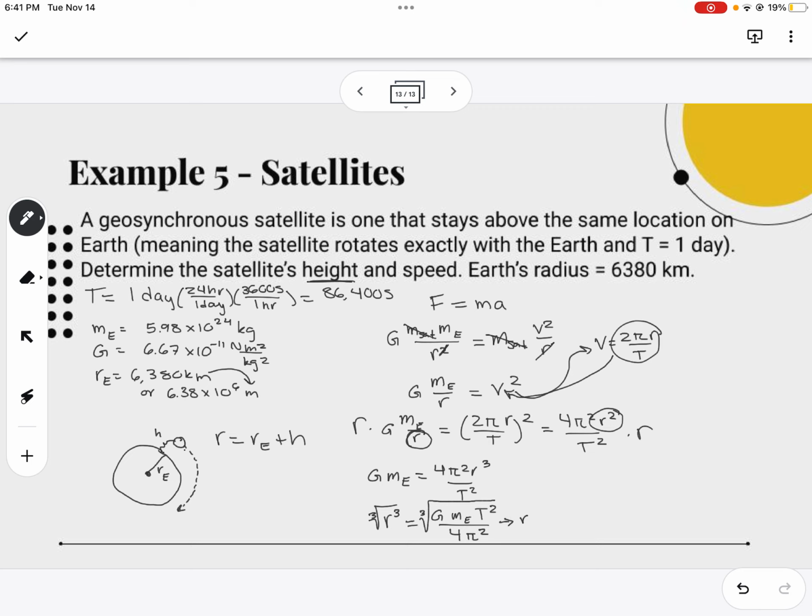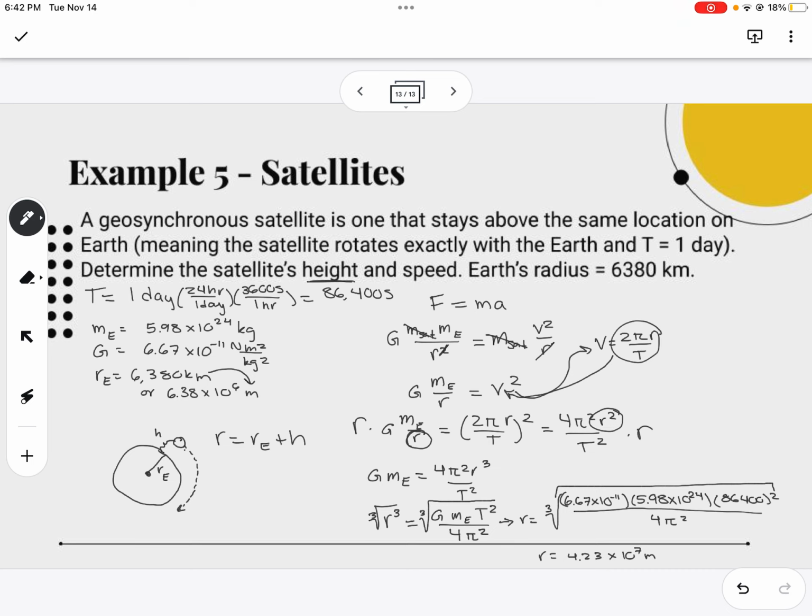So I'm going to get r equals the cube root of G, 6.67 times 10 to the negative 11th, times the mass of the Earth, times t squared, all over 4 pi squared. And you're going to take the cube root of that, and the answer you're going to get is r equals 4.23 times 10 to the 7th meters.